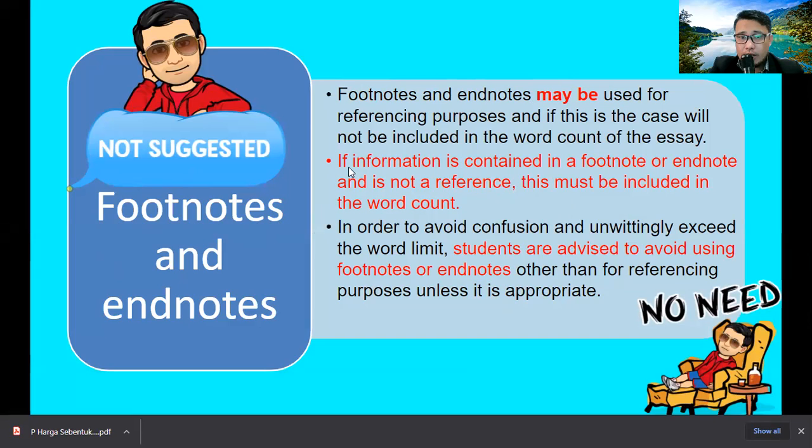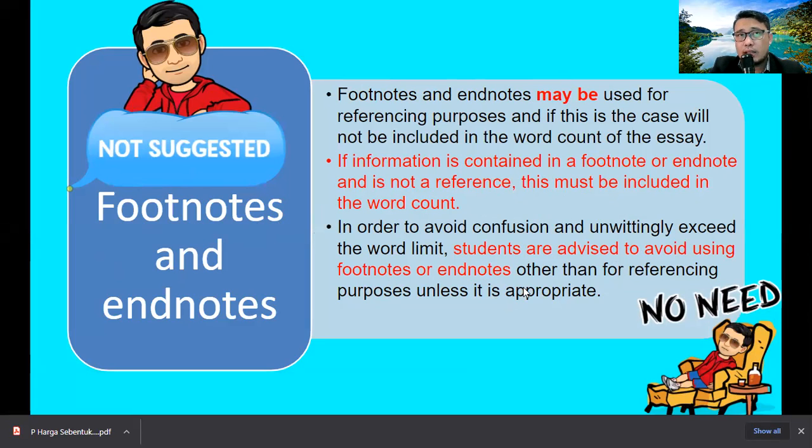And then, if the information is contained in a footnote, this must be included in the word count. So if you put your argument in the endnote or footnote, it will be counted in the word count. In order to avoid confusion and unwillingly exceeding the word limit, students are advised to avoid using footnotes and endnotes.